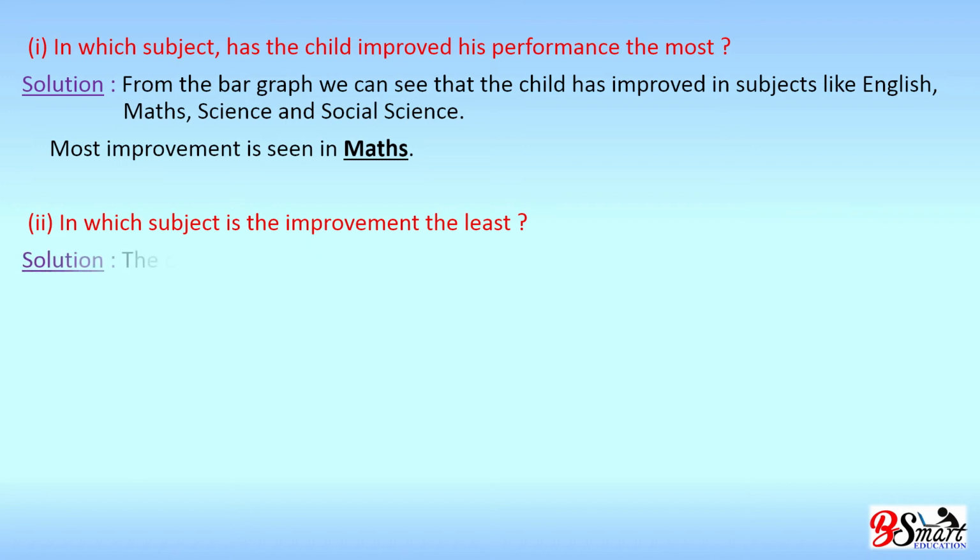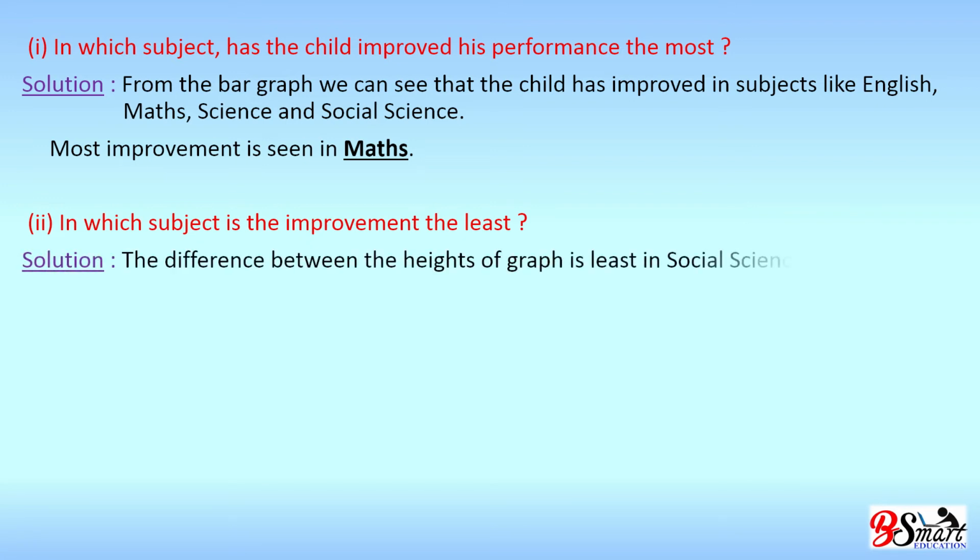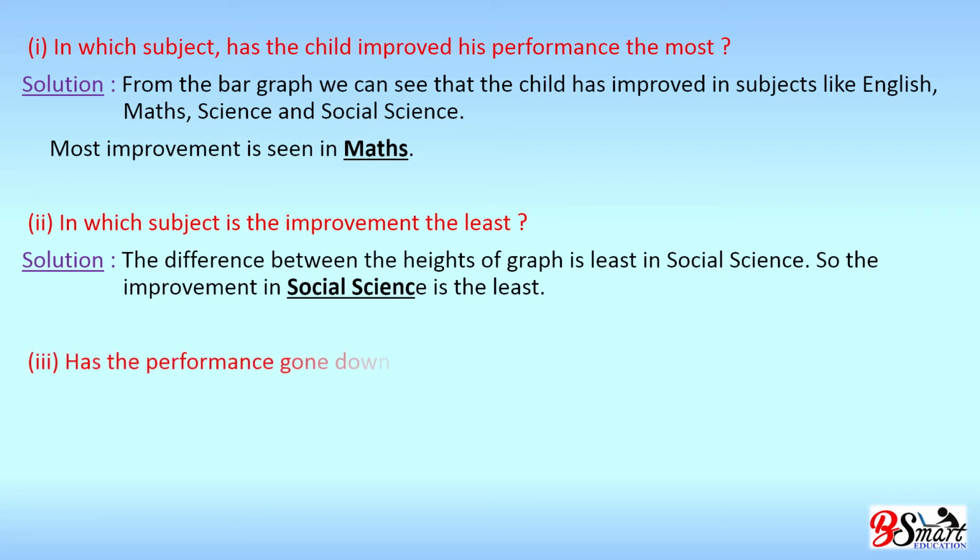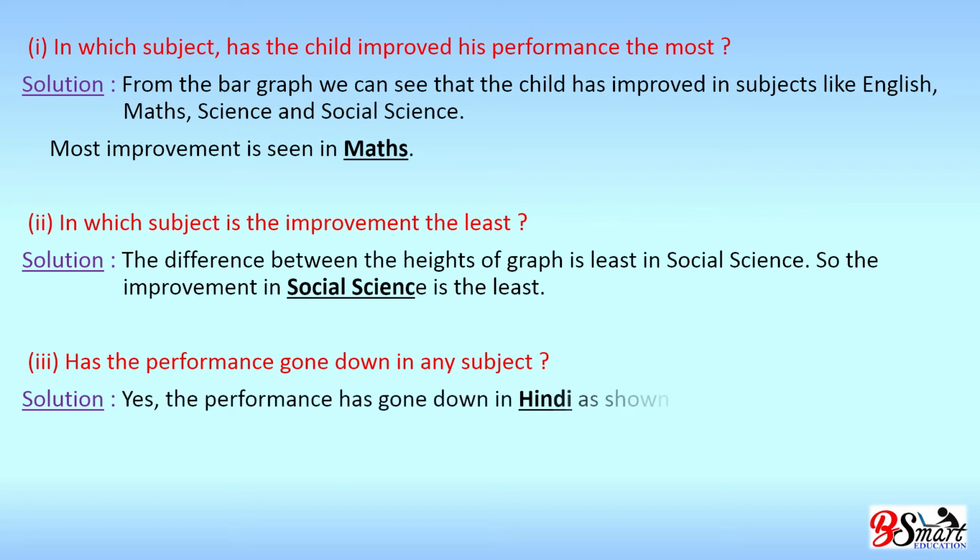Solution: the difference between the heights of graph is least in social science, so the improvement in social science is the least. Next question: has the performance gone down in any subject? Answer: yes, the performance has gone down in Hindi as shown in the bar graph.